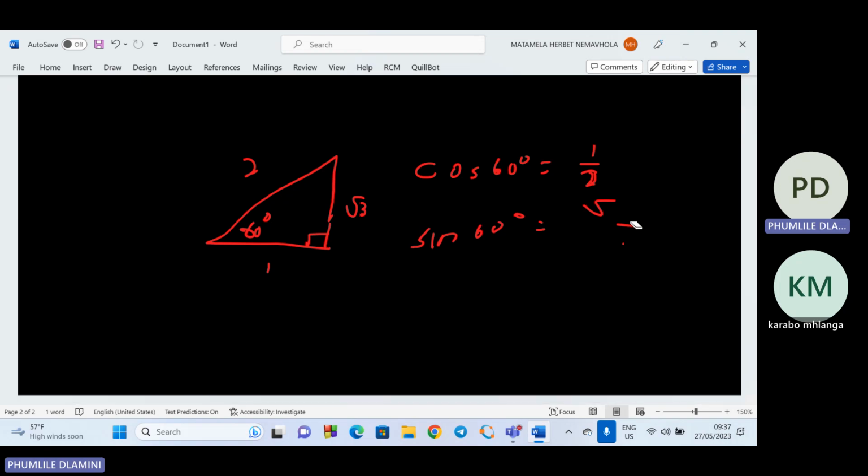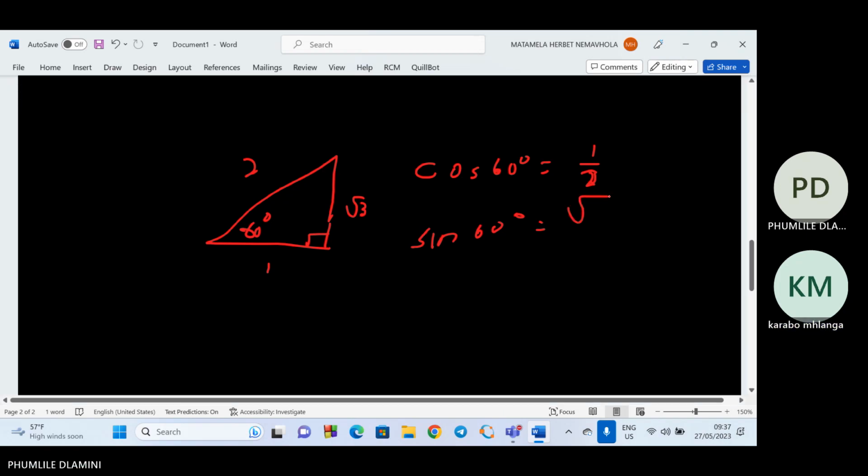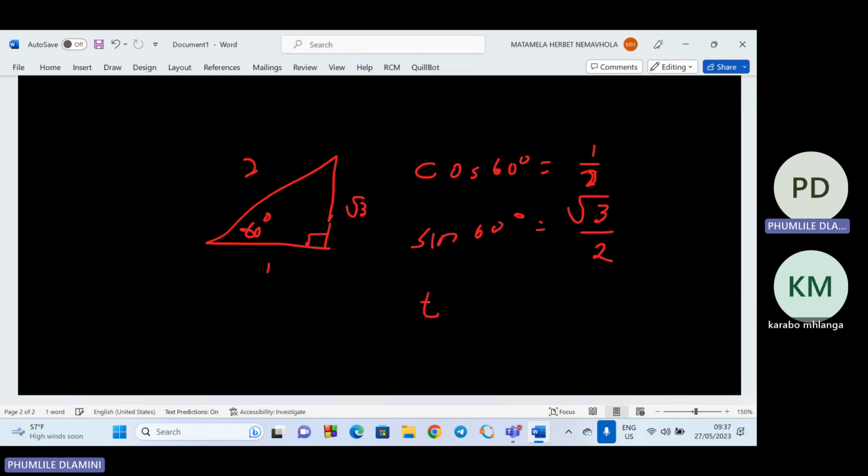That's your sine of 60. And your tan of 60 equals opposite over adjacent, which is square root of 3 over 1. Opposite over adjacent, which you can rewrite as square root of 3.